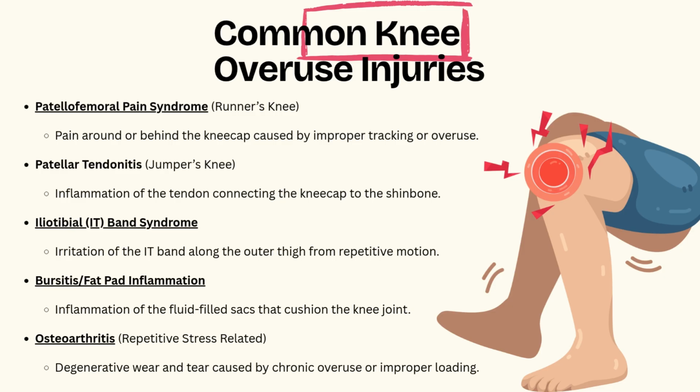You have bursae in your knee that tend to become inflamed for different reasons, and it's usually repetitive stress. And then you have osteoarthritis. A lot of this is repetitive stress, genetics, weight related. So that's just wear and tear of the joint itself over time due to overloading, improper loading. And like I said, sometimes just genetics.